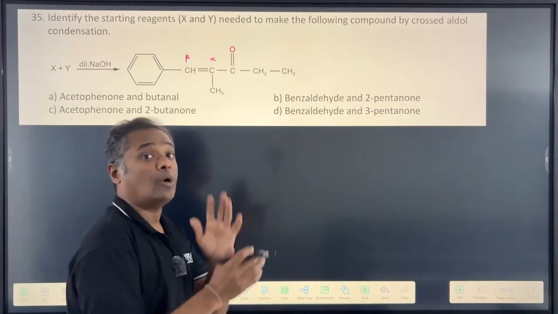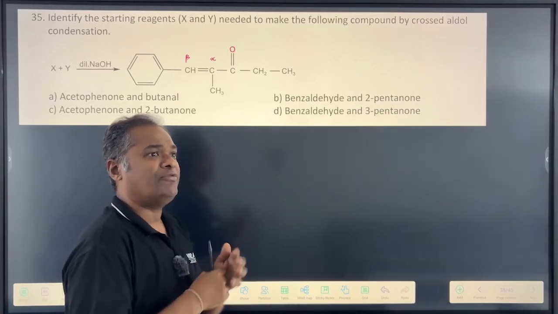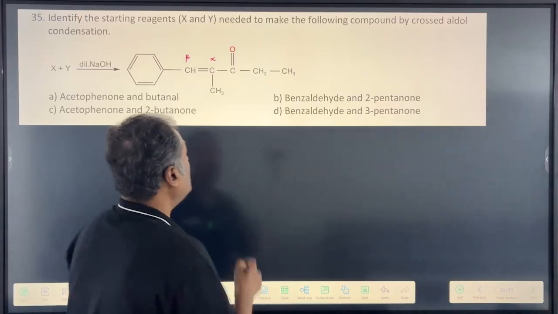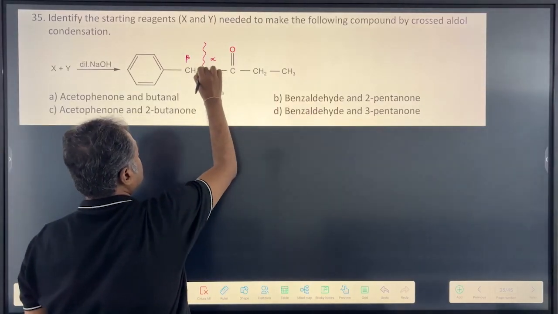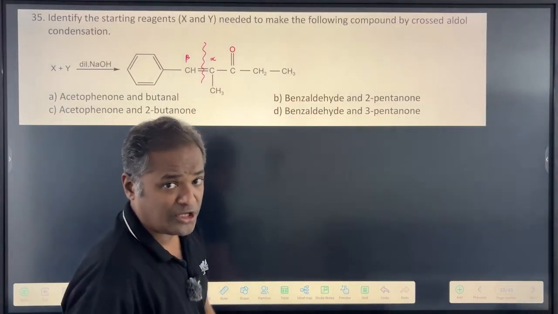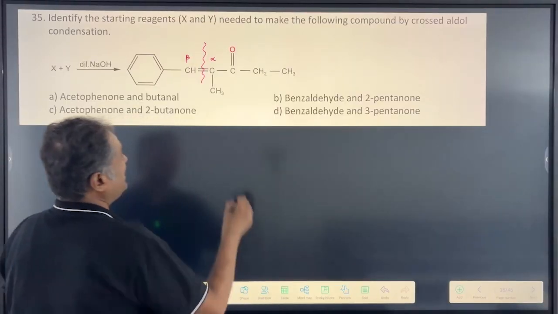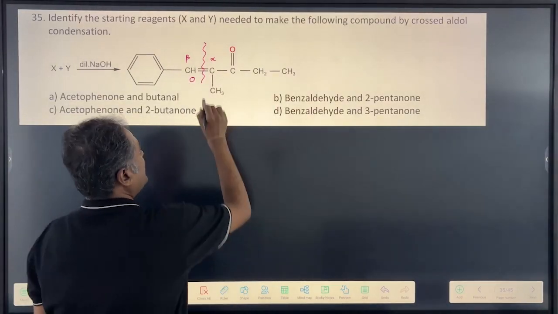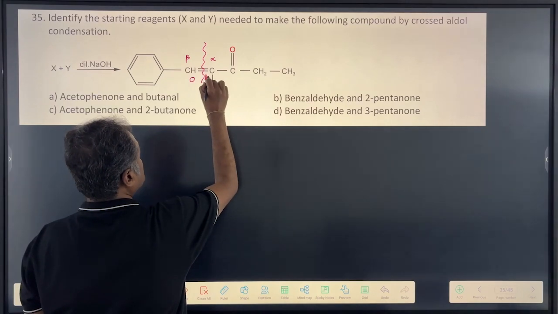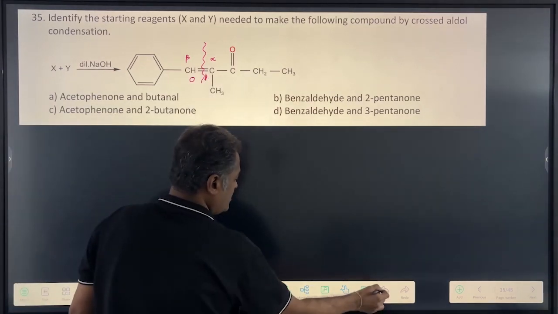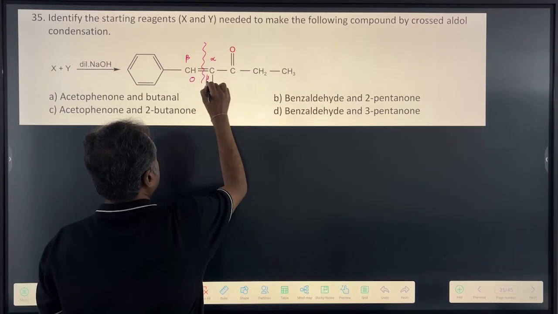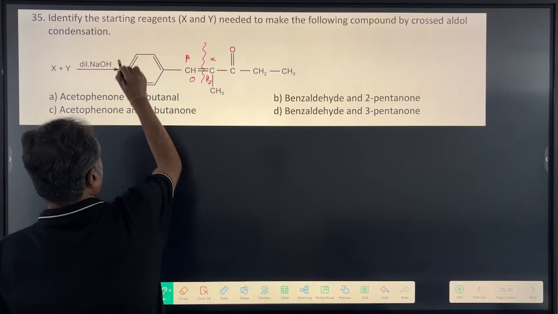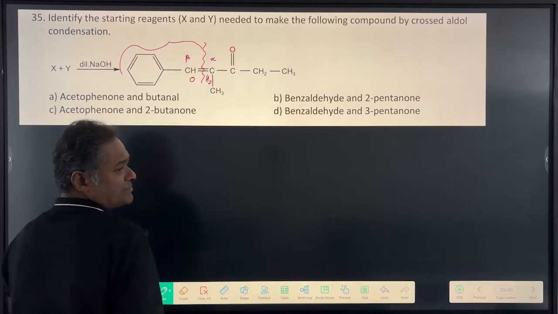Now the question is how to find out the starting material. Child, if you remember, there was one logic which I told you. Break your double bond and put a water molecule in such that your beta carbon gets an oxygen and your alpha carbon gets both the H's. So now if you check, this molecule is benzaldehyde, correct?